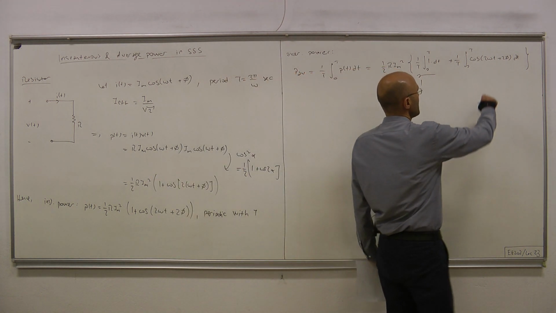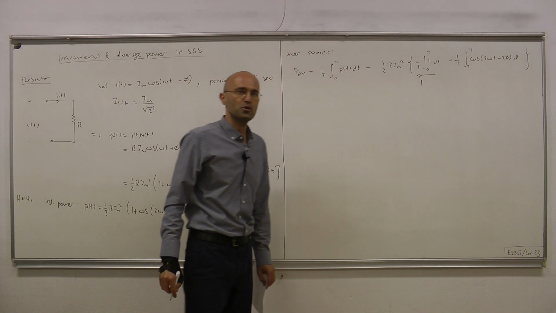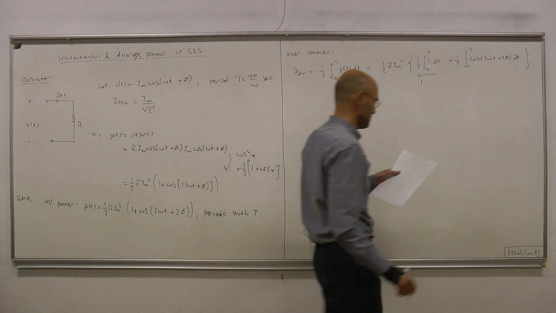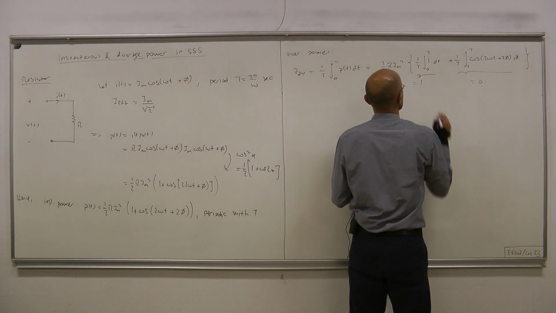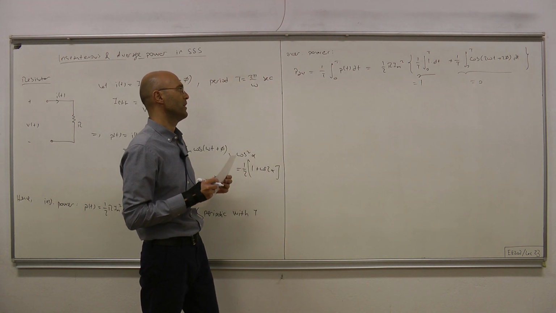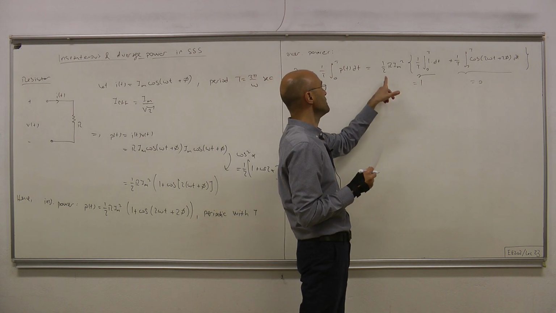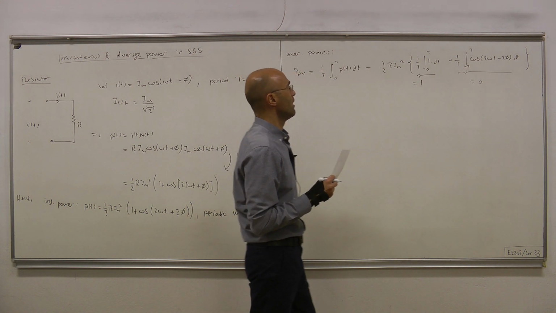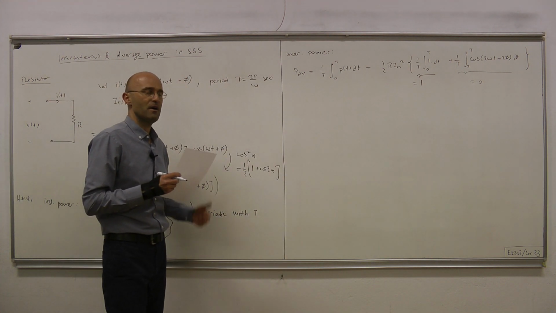Okay, so regardless of omega and phi, that will always produce zero average. Okay, so here we have 0, and this equals 1. Therefore, the average power for a resistor in sinusoidal steady state, or circuit in sinusoidal steady state, is 1/2 R times the square of the amplitude of the current passing through it.